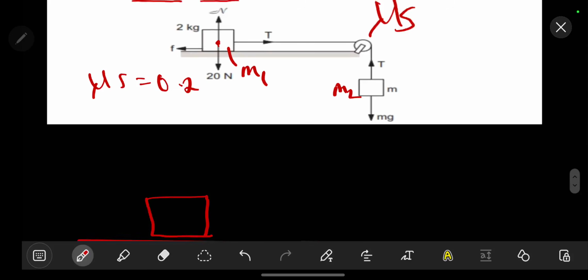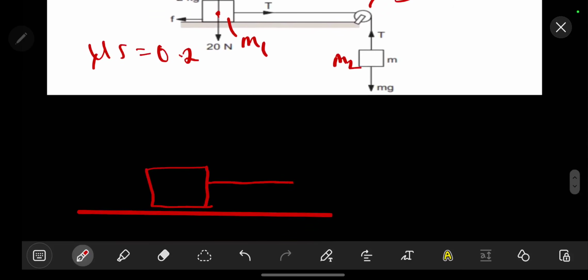So we are going to have our mass number 1. So we have the tension trying to pull this side. So this is our tension like that. Then if there is a force that is trying to cause the box to move in this direction, that's our tension like that. So now remember how we defined friction in the previous video.